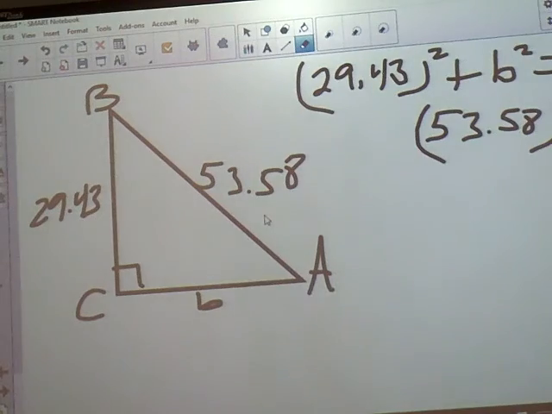Shout me a number. 44.77. Well, that's what B equals. Make sure I got everything written down right. 29.43, 53.58.